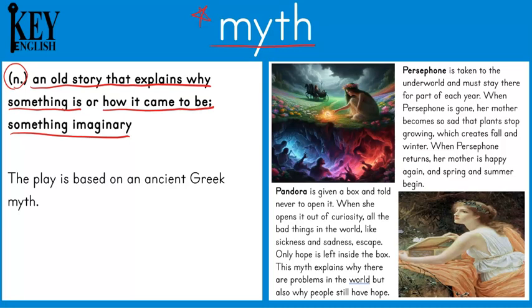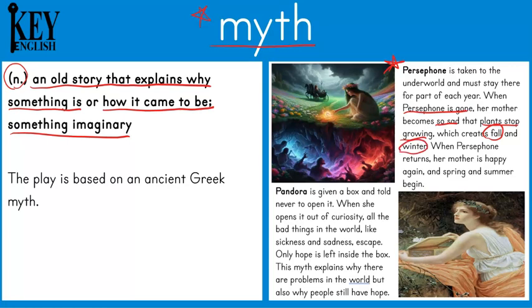For example, there is a myth about a goddess named Persephone. And in the myth, Persephone is taken to the underworld and must stay there for part of each year. However, when Persephone is gone, her mother becomes so sad that plants stop growing, which creates fall and winter.